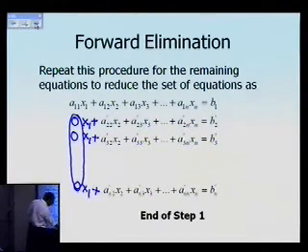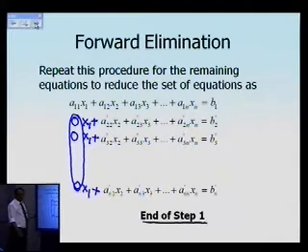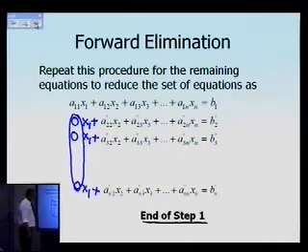That's why it's very important to understand this is the end of the first step of forward elimination. If you have n equations, you'll have n minus 1 steps of forward elimination to conduct. If you have, let's suppose, 5 equations, you'll have 4 steps to conduct. In the example which I showed you, there were 3 equations, 3 unknowns, so I had to conduct 2 steps of forward elimination. So let's see now what I have to do next.